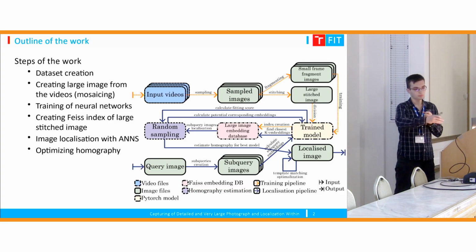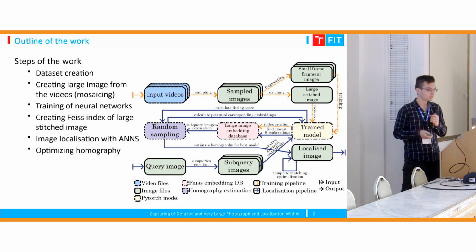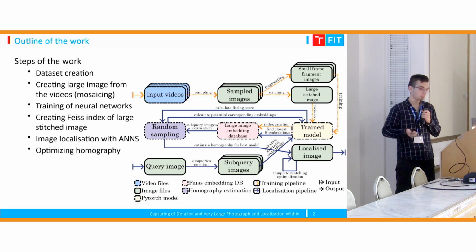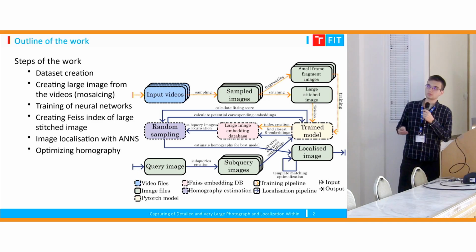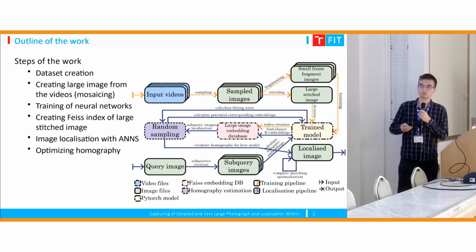I'm using videos of some floor or some materials, including some very large ones, and sampling them using OpenCV and other libraries to create small frames or patches, and then using image stitching to create a very big picture. Then I use neural networks to train a model that creates embeddings, to build a big database of embeddings so that we can localize the query image we take.